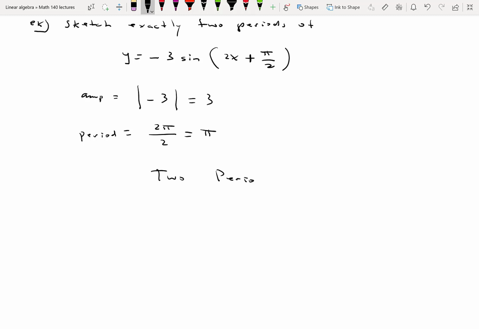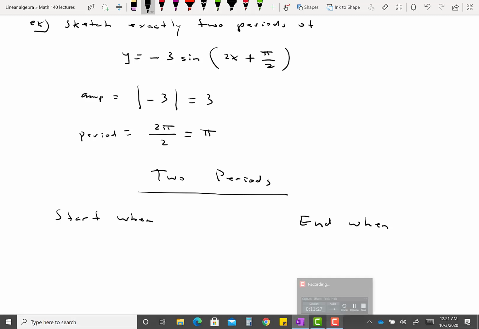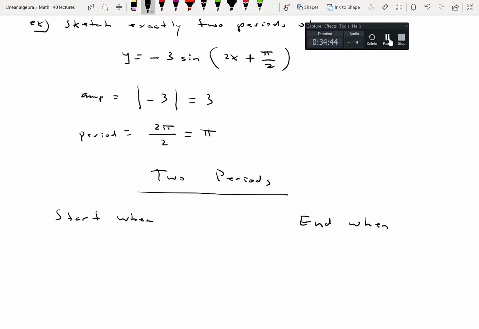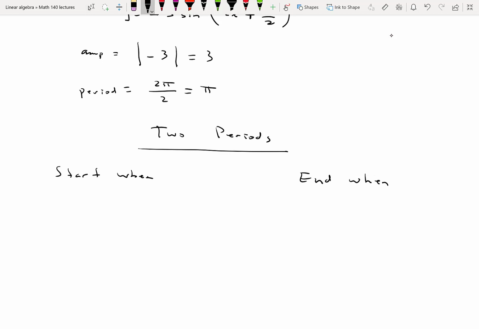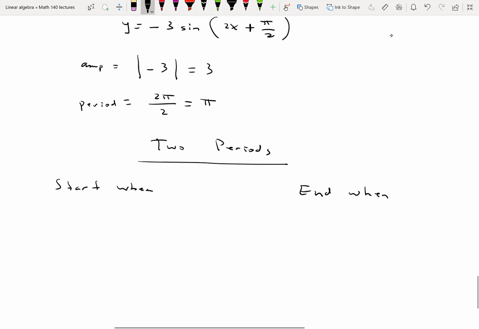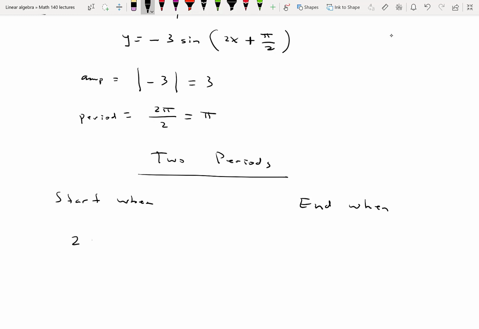Start when and end when. 2 periods are going to start when and end when. Okay, two periods start when, well, what's the angle? It's 2x plus pi over 2. So 2x plus pi over 2 equals 0.